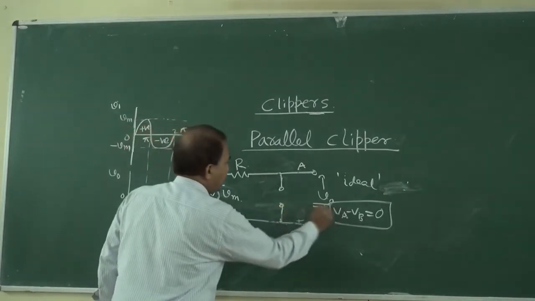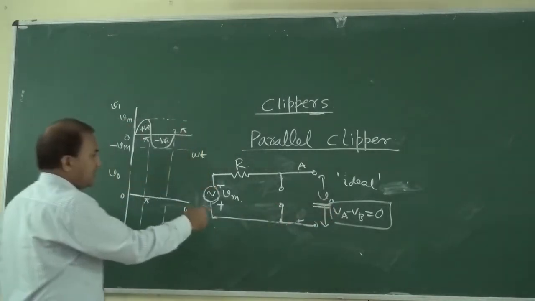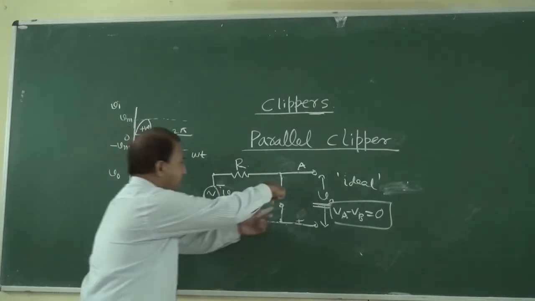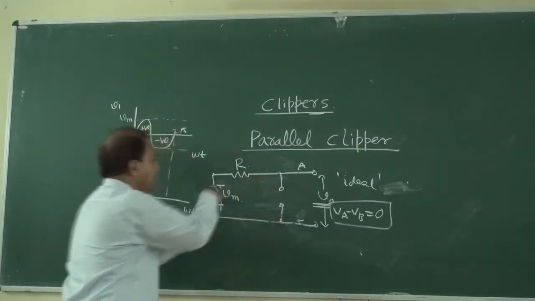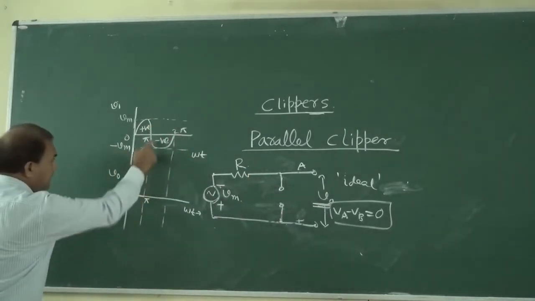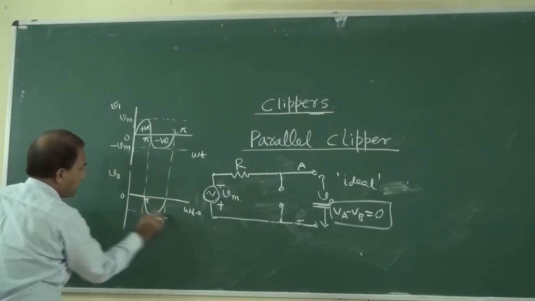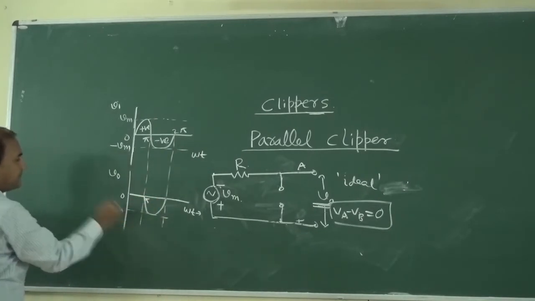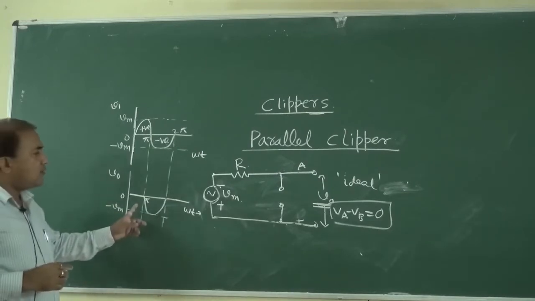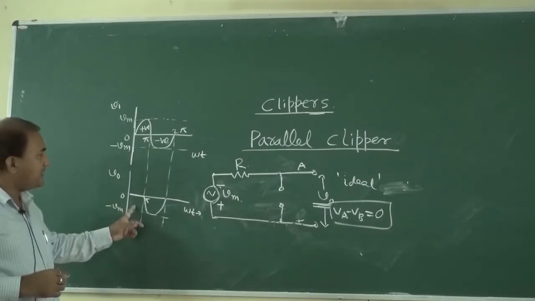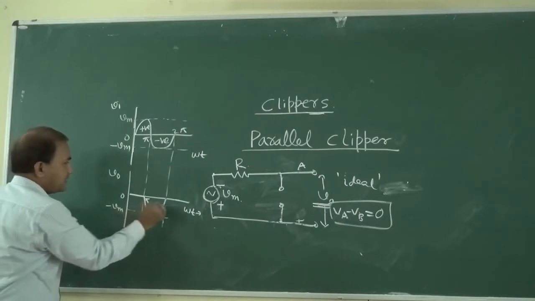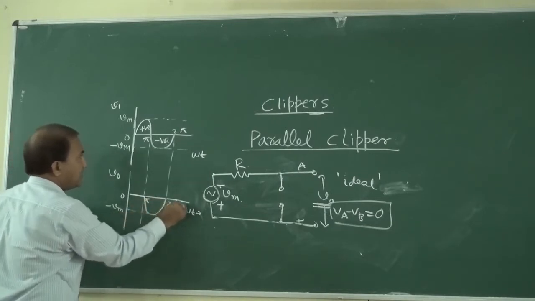So what will be V output? V output will be just like this, the same. Here it is minus Vm. So what have we observed? This is pi and here it is 2 pi.